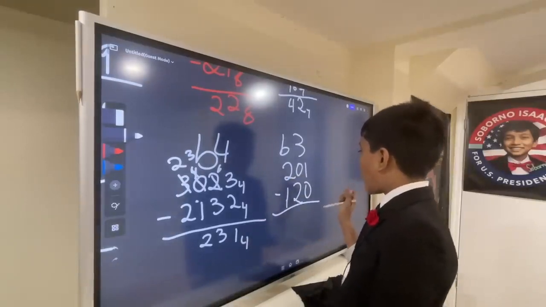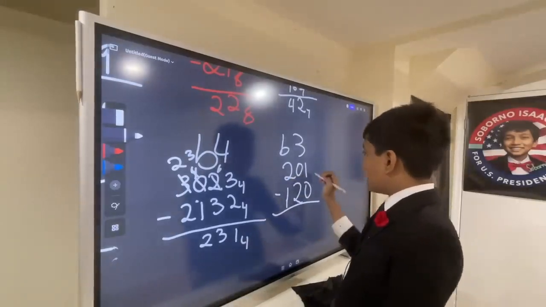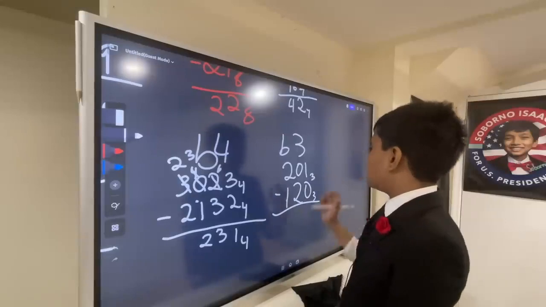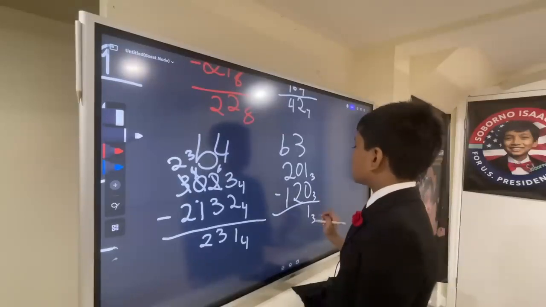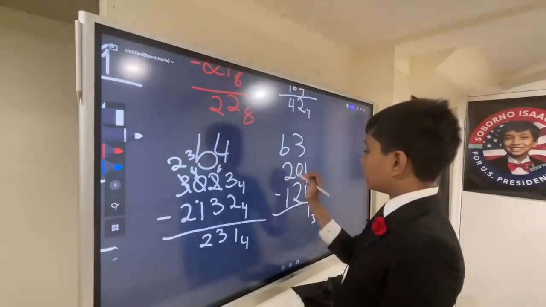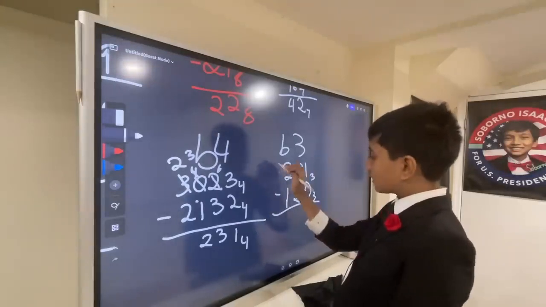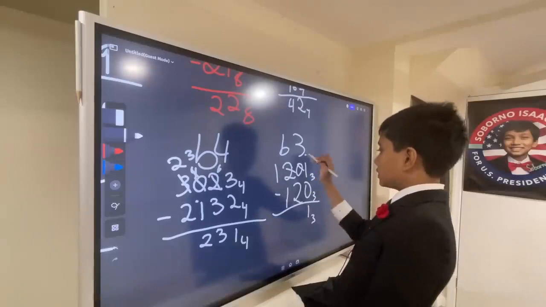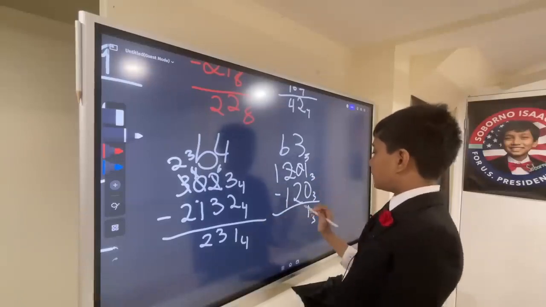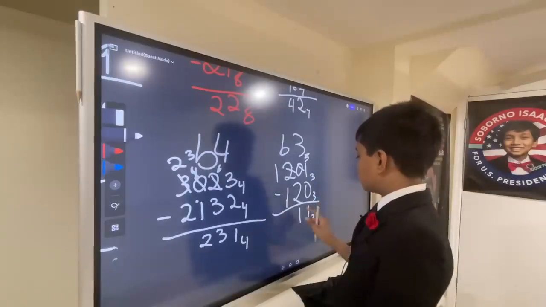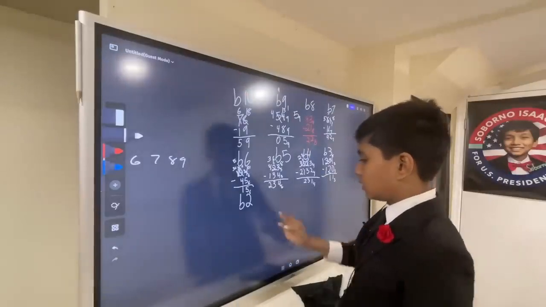Okay. So 1 minus 0 is 1, obviously. Now 2 minus 1 is 1, but 0 minus 2, that's not going to work. So we're going to borrow from here. This is going to become 3. 3 minus 2 is 1. 1 minus 1 is 0, so it's just 11 base 3.